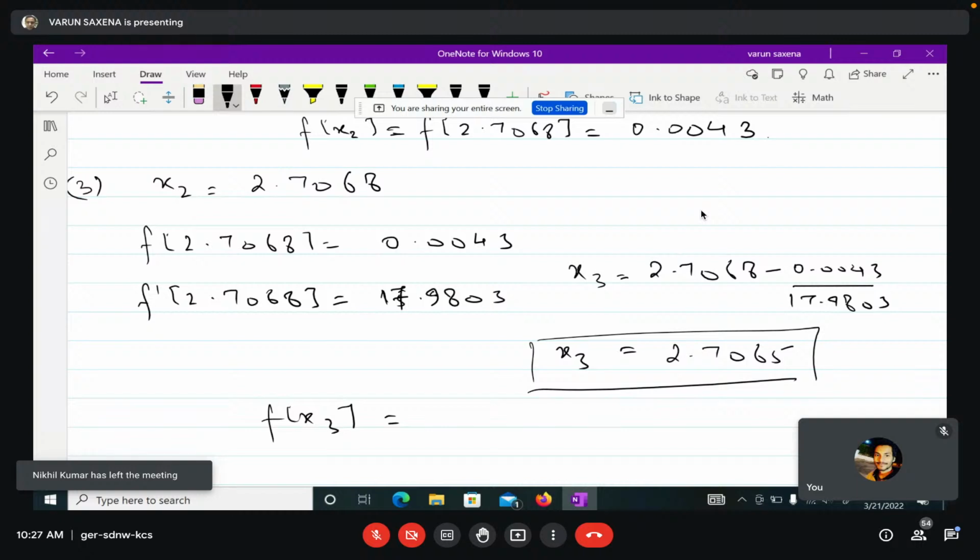This should also be somewhere similar to this value only. So if someone can tell me, I am waiting. Sir, fx3 is 0. Yes, 0 is coming.